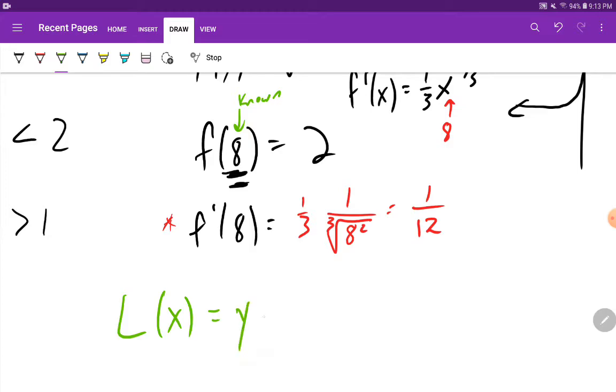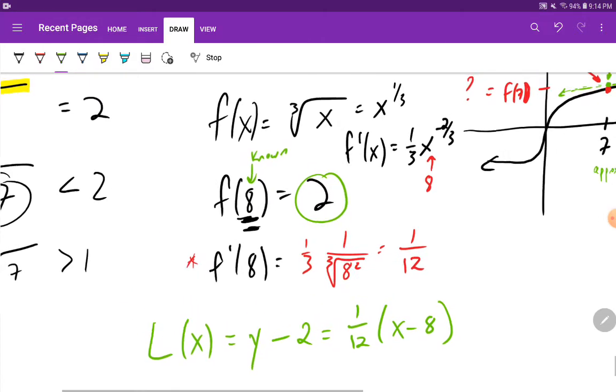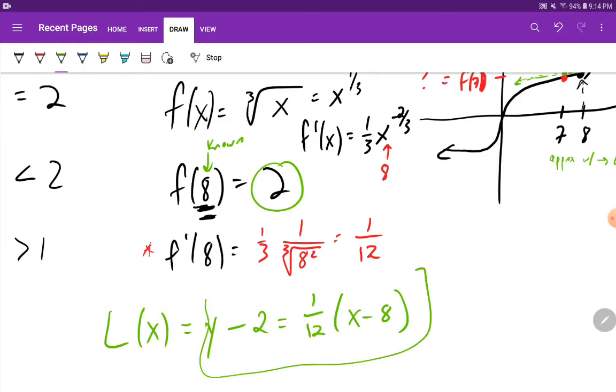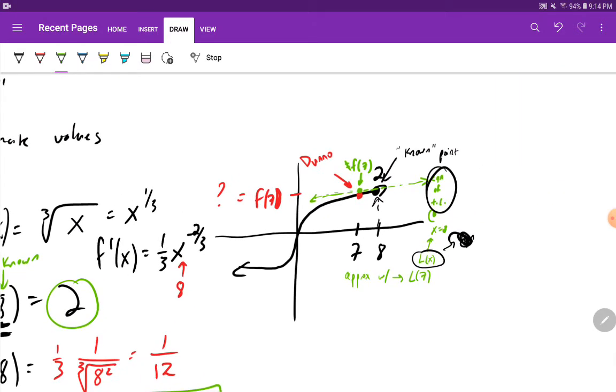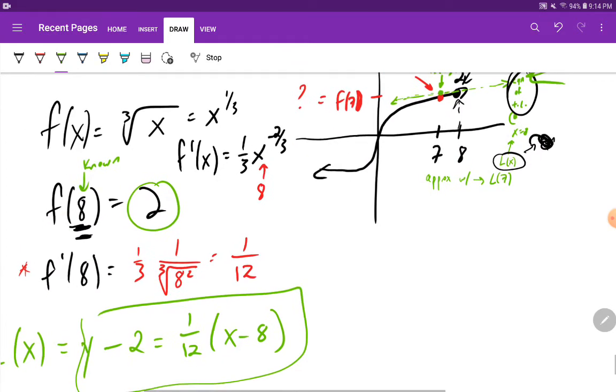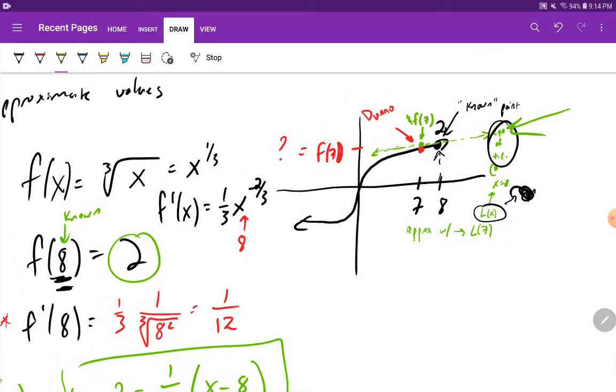It's y minus y1 equals the slope, oopsies, it should be 1/12, the slope times x minus 8. And if I go back to the picture, this equation is this green line. I hope that makes sense so far.